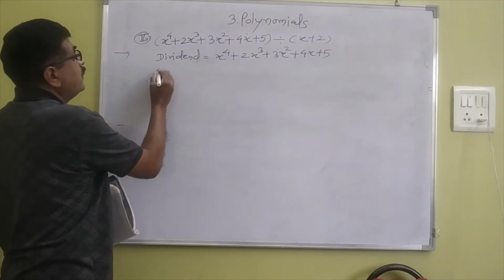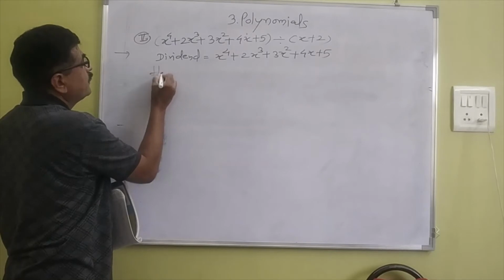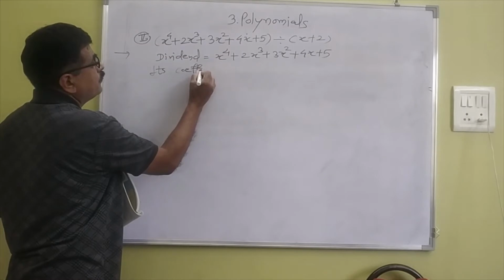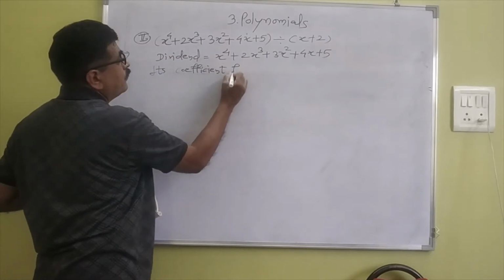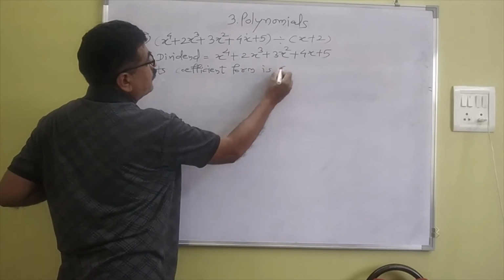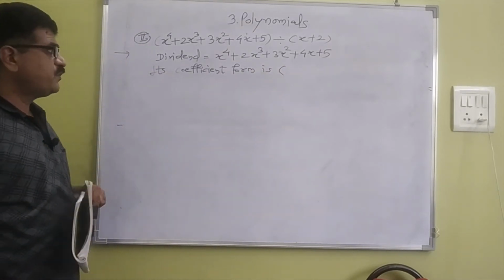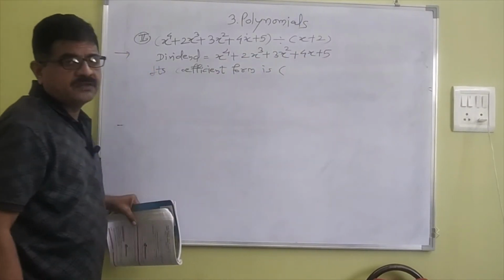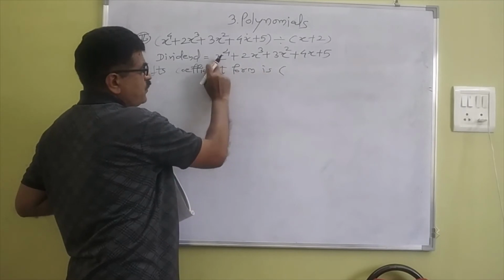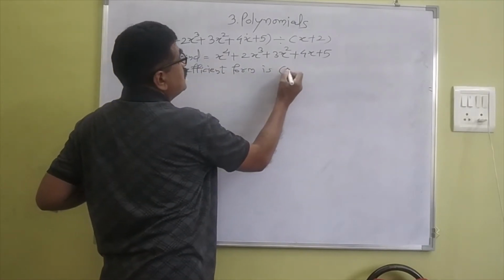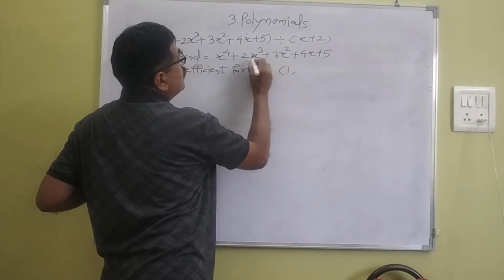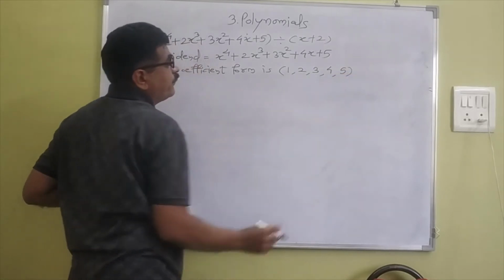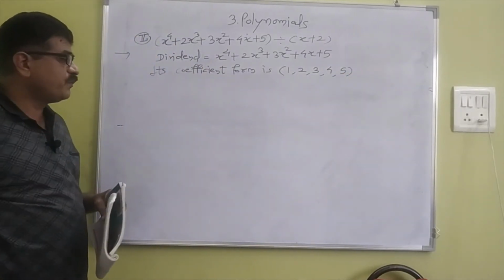Write the dividend in standard form. This is already in standard form, that is, powers 4, 3, 2, 1, 0. Therefore, in coefficient form, the degree is 4, therefore it contains 5 terms. Take the coefficients: 1, 2, 3, 4, 5. These are the coefficient form.